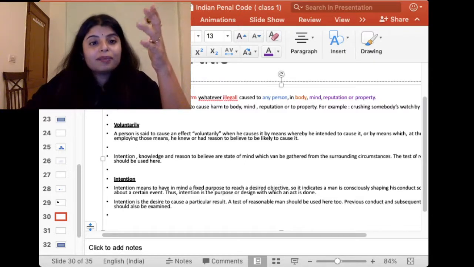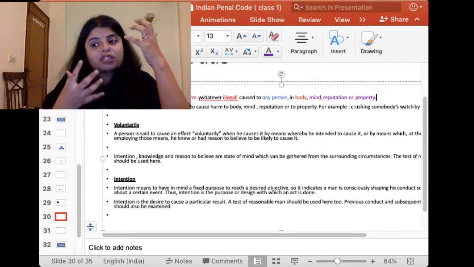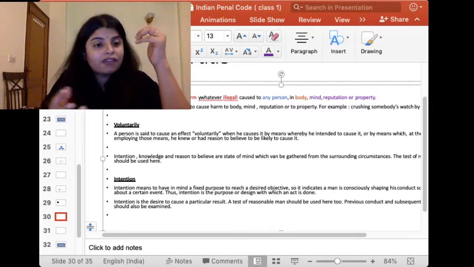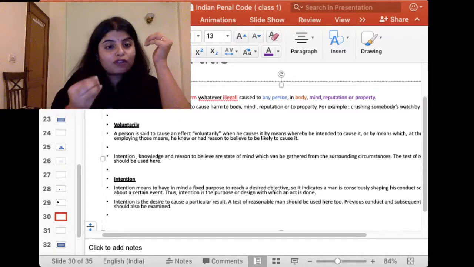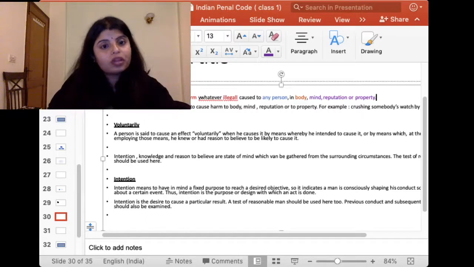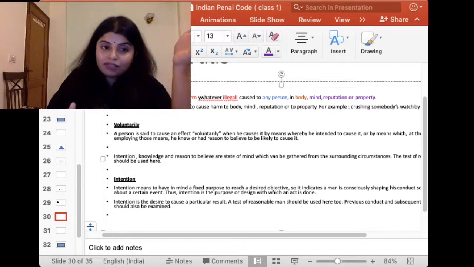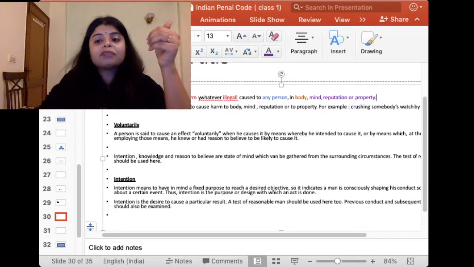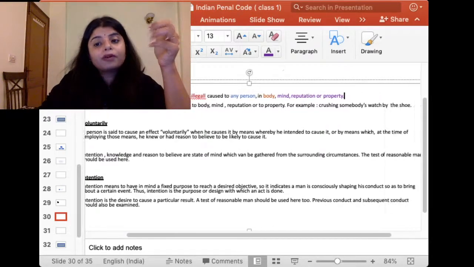Reputation is when you defame, when you harm whatever perspective of you I have in my mind is the reputation that you hold. And if I cause harm to that reputation, I've caused an injury to you. Property. Theft or anything, for that matter, the example mentioned here is crushing somebody's watch by the shoe.